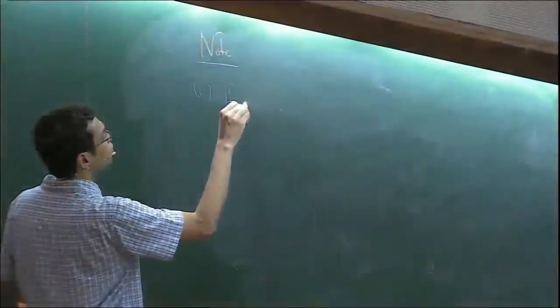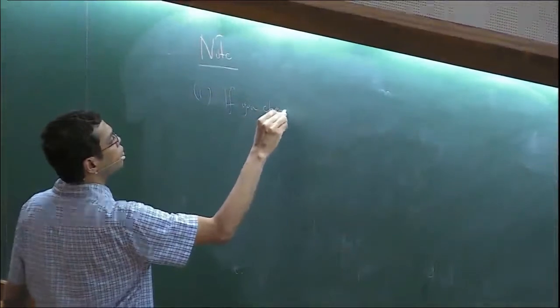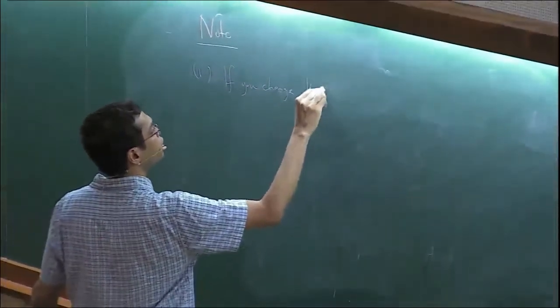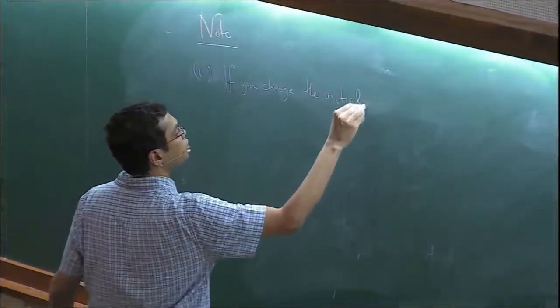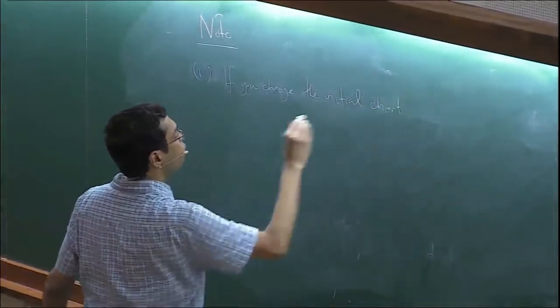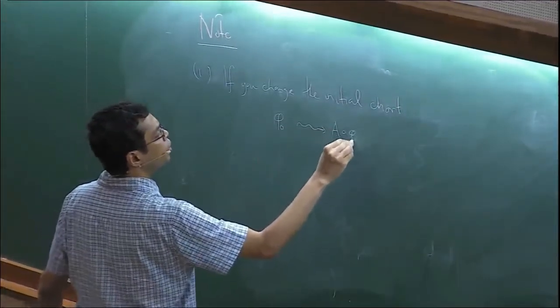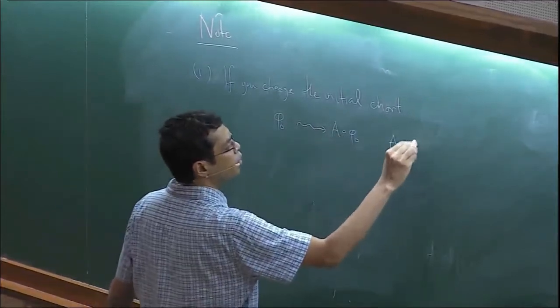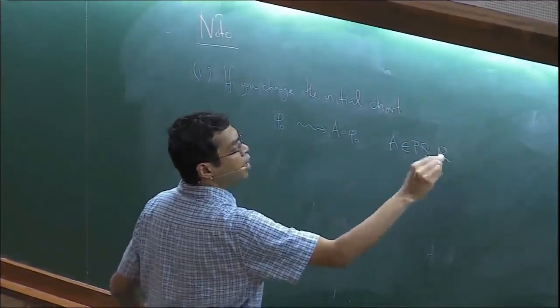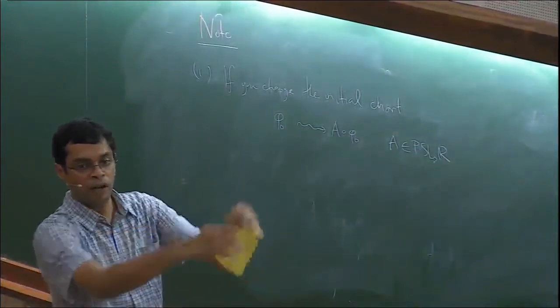Number one, if you change the initial chart, let's say you replace phi naught with phi naught composed with A, where A is some isometry of the hyperbolic plane, you're just moving it somewhere else.